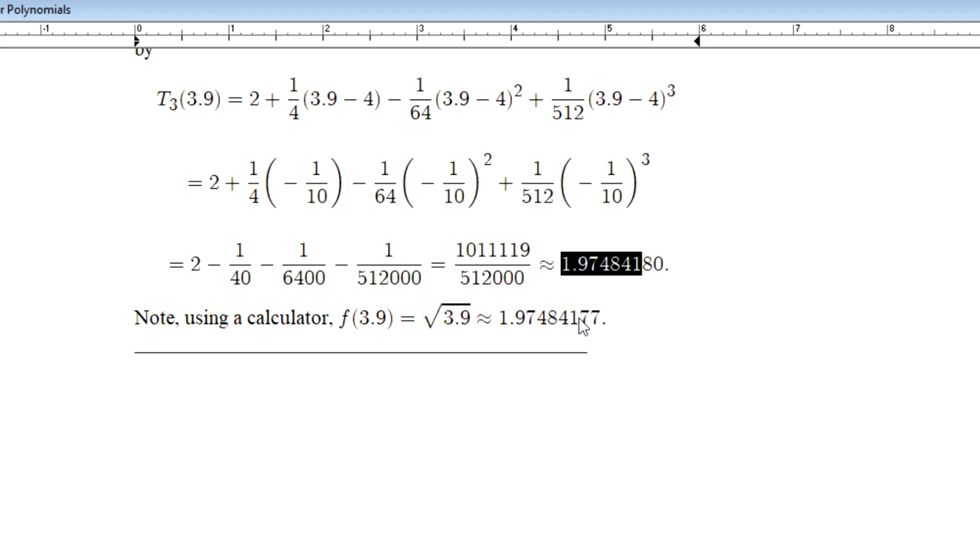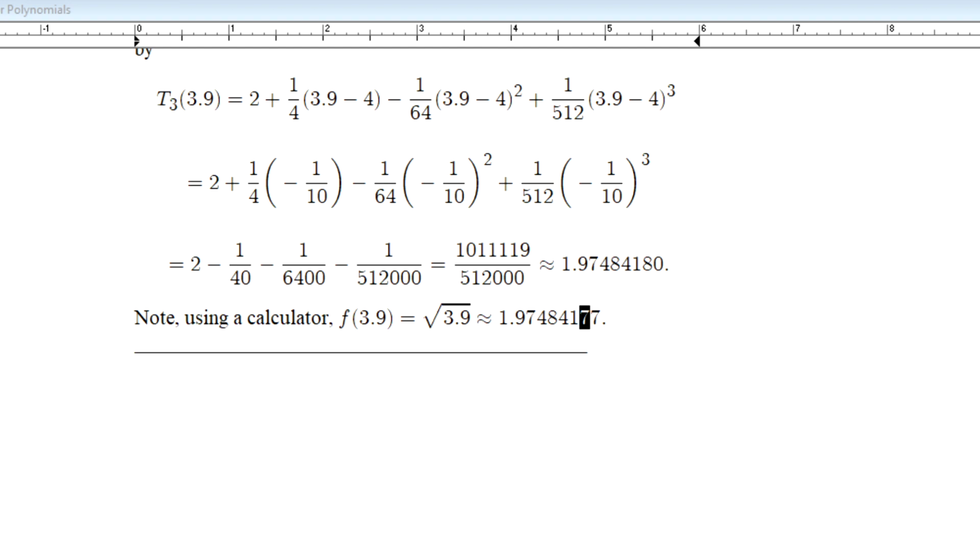We only differ by about a couple of 100 millionths, right? Which is extremely precise.